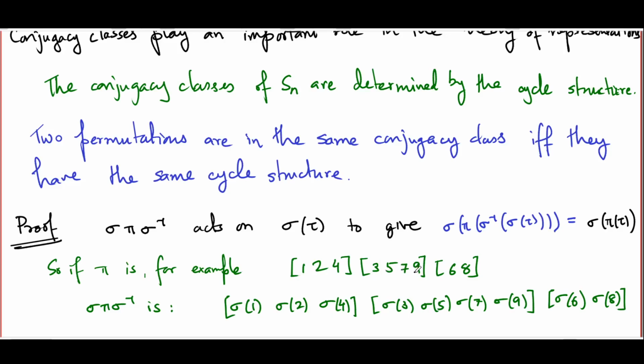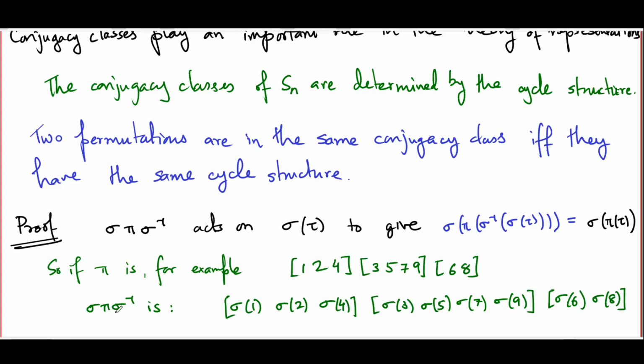Similarly, this 3 5 7 9 cycle in pi gives rise to a similar cycle in sigma pi sigma inverse, which consists of sigma 3, sigma 5, sigma 7, sigma 9. The 6 8 cycle in pi becomes sigma 6, sigma 8 in sigma pi sigma inverse. So it's obvious that in this case at least, you started with a permutation with a 3-cycle, 2-cycle and 4-cycle.